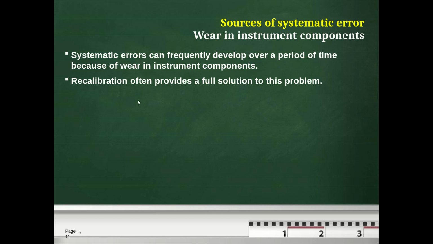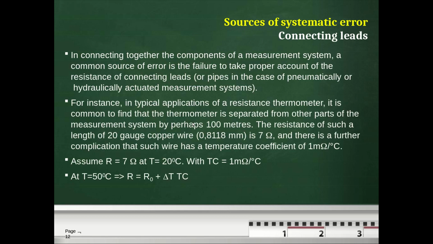So the recalibration normally solves this problem. Okay, the connecting leads, maybe I connect some wiring to the circuit that I want to measure, but this wiring already has a resistance.